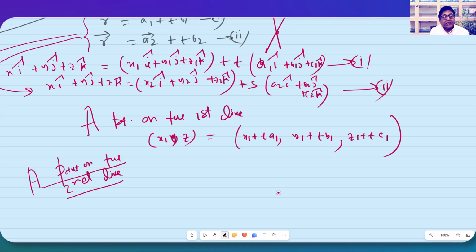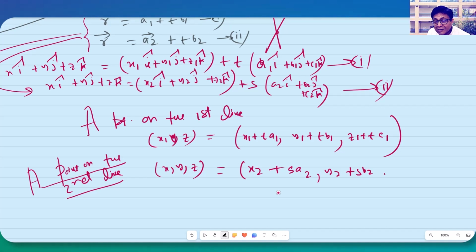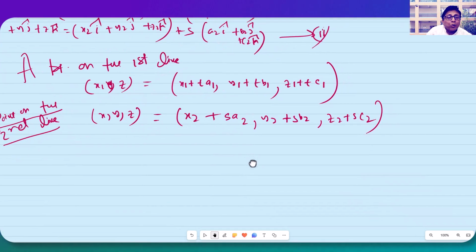A point on the second line, that we can again get by comparison, x, y, z is equal to x2 plus sa2, similar to the scalar form, next one is y2 plus sb2, and next one is z2 plus sc2. Now again you go by the same method.